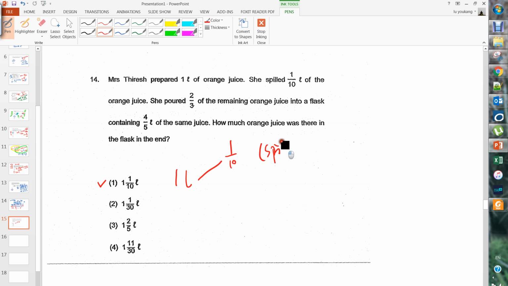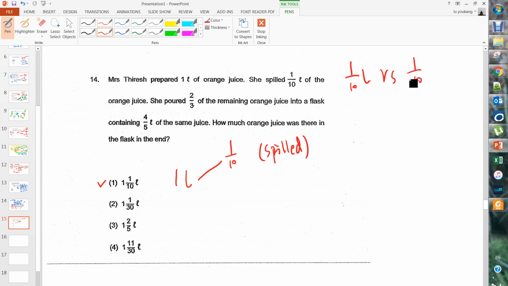Nine. By the way, I want to caution you, over here, 1/10 liter. Okay, what is the difference between 1/10 liter versus 1/10? What's the difference? Is there a difference? No. It's not the liter size. Is there a difference? Of course, there is a difference.